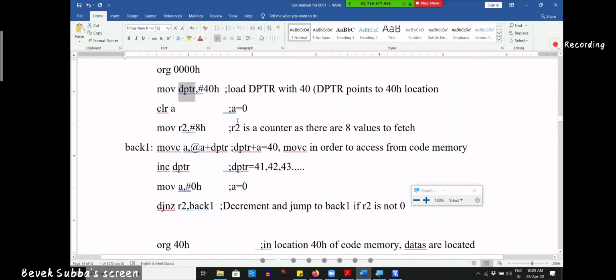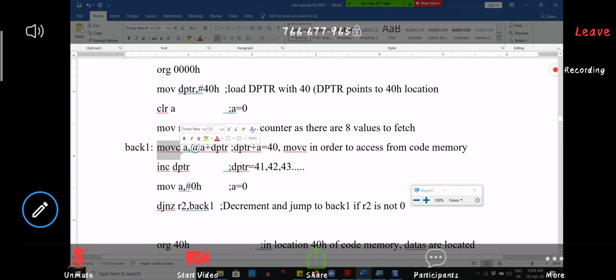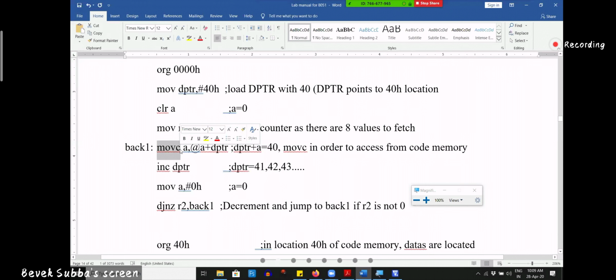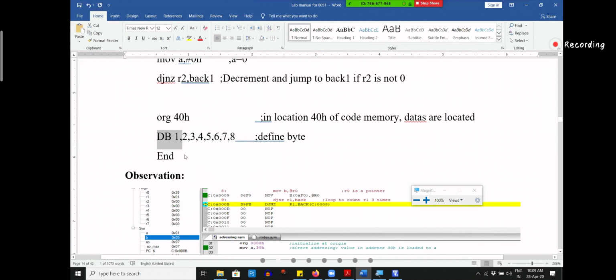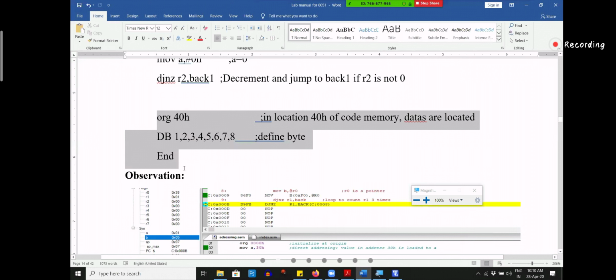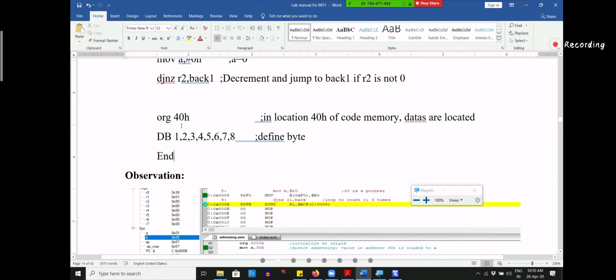When you write MOVC, that means you are moving a value from code memory to data memory. Are you understanding? This is a lookup table, and this lookup table is located in your code memory.